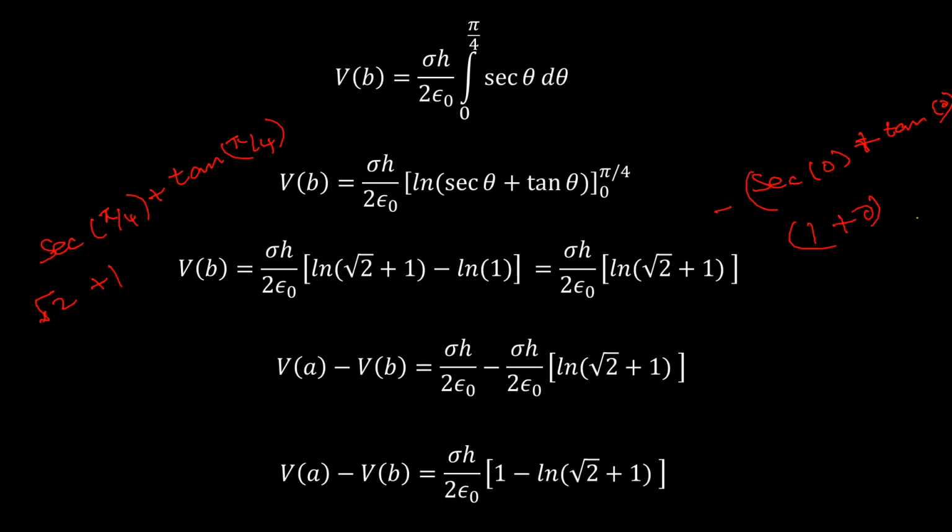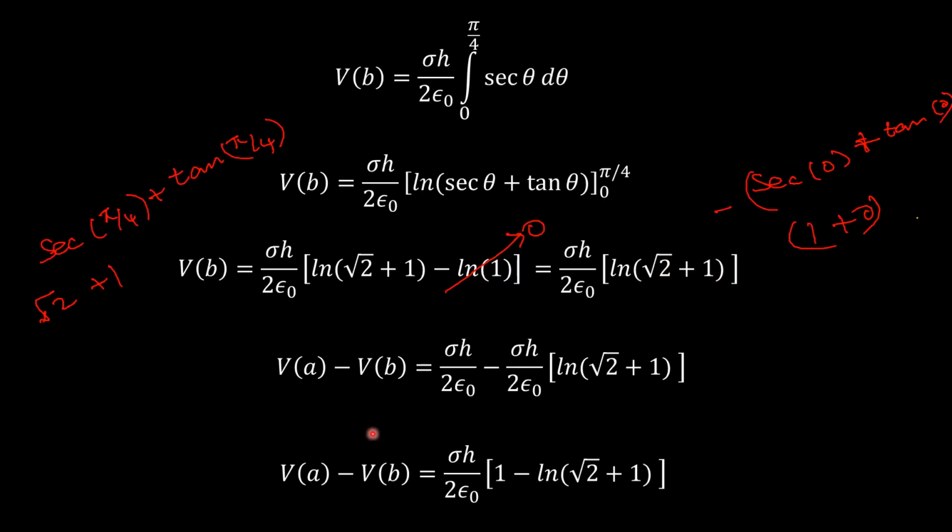So you will get natural logarithm of 1, because lower limit, minus natural logarithm of 1. So the value of natural logarithm of 1 is 0. So you will get the potential at P is equal to sigma h divided by 2 epsilon naught natural logarithm of square root 2 plus 1.